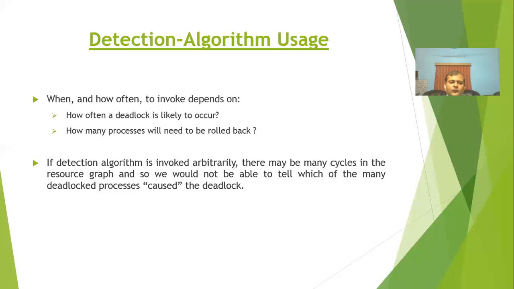And one more thing: if you invoke the detection algorithm randomly at any point of time, then there may be several cycles in the resource graph. And if that happens, we would not be able to tell exactly which processes are causing the deadlock in the system. So that is the thing here.